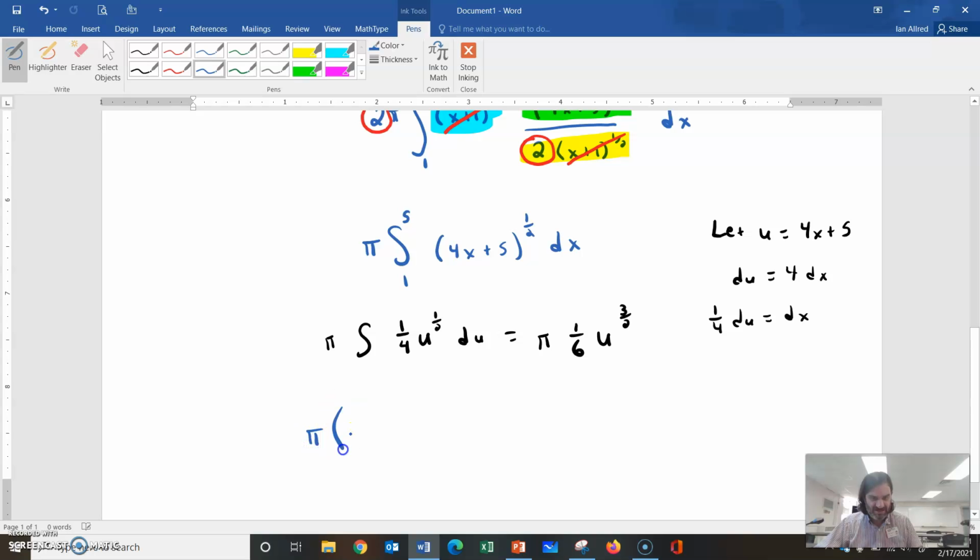So we'll have pi times 1/6, excuse me, I don't need the parentheses the way I put it. Pi times 1/6 times 4x plus 5 to the 3/2. And that's going to be evaluated from 1 to 5.